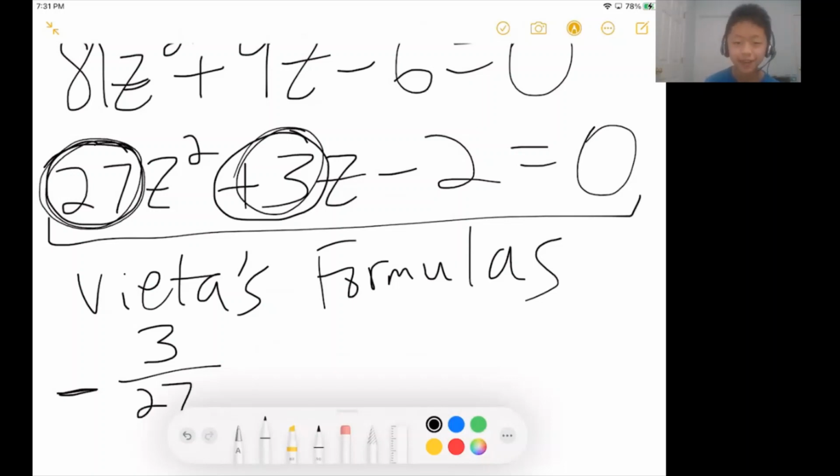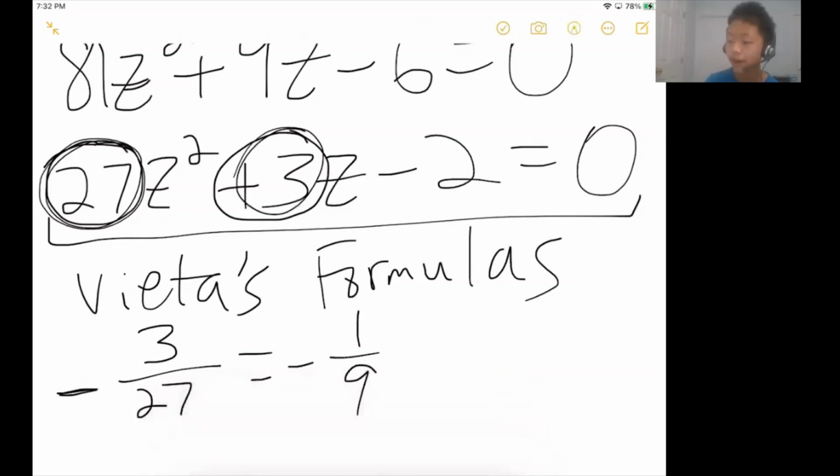This is a very good general formula to know: the sum of the values of z that work is equal to the negative of the z coefficient divided by the z squared coefficient. So if we use Vieta's formulas here, we just get negative 1 over 9.